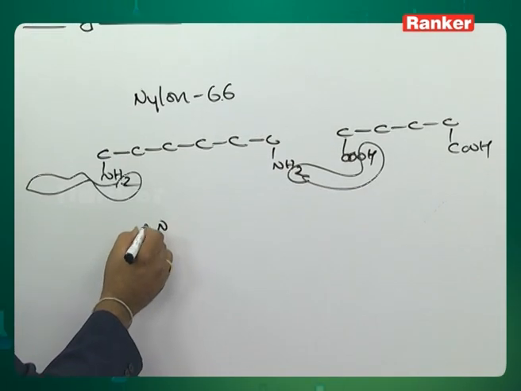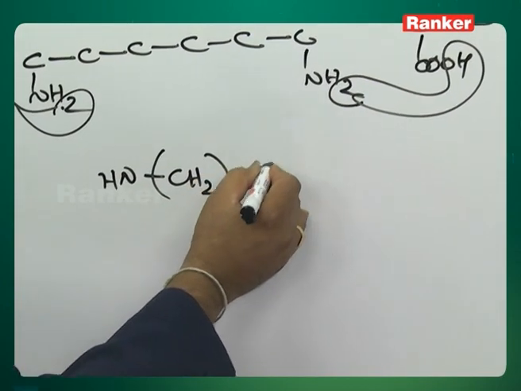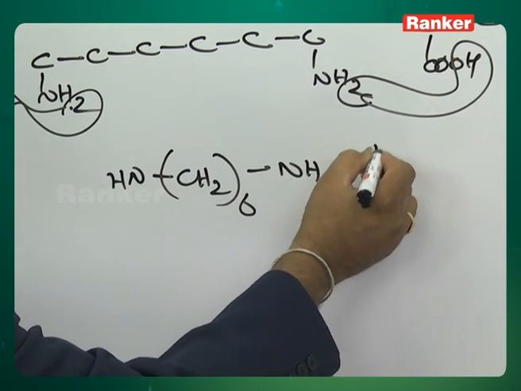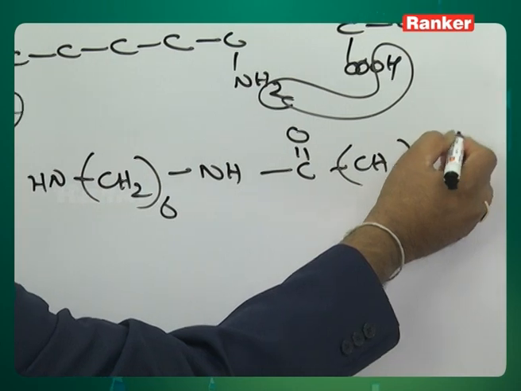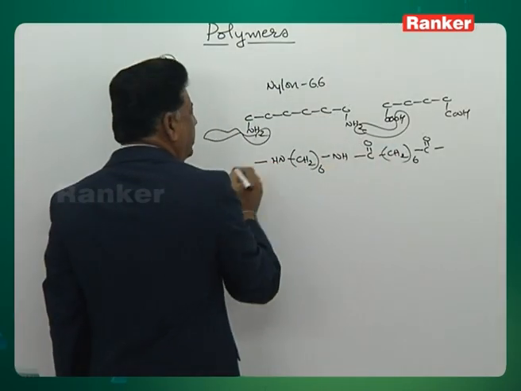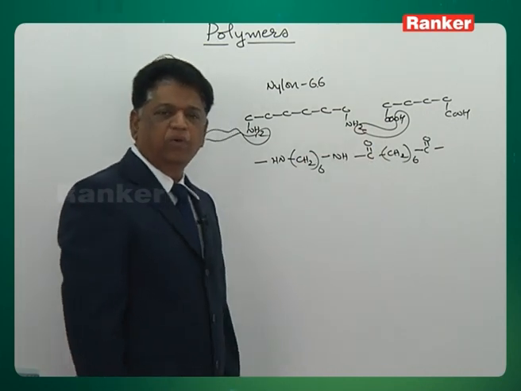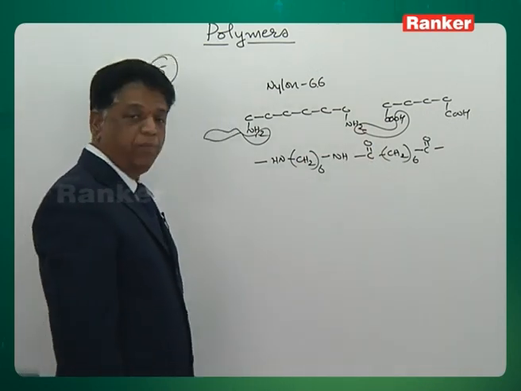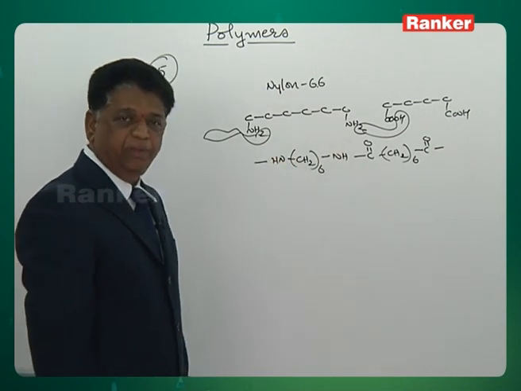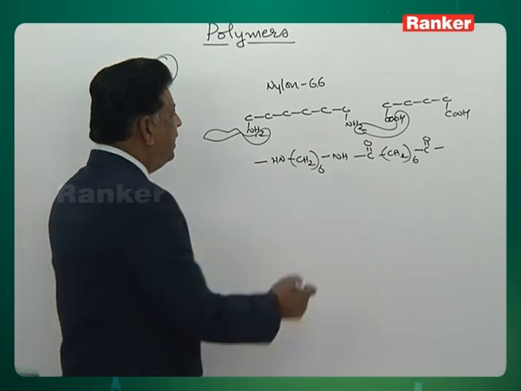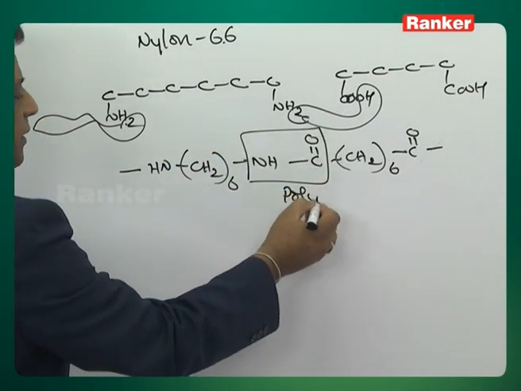Finally, what you get is NH with CH2 six times and another NH with a C double bond O with CH2 four times and a C double bond O. So here two different molecules are involved. Therefore, you cannot go for option B, the homopolymer. Two different materials are involved, so it is a hetero type of polymer. It has the amide linkage, so therefore it is a polyamide.